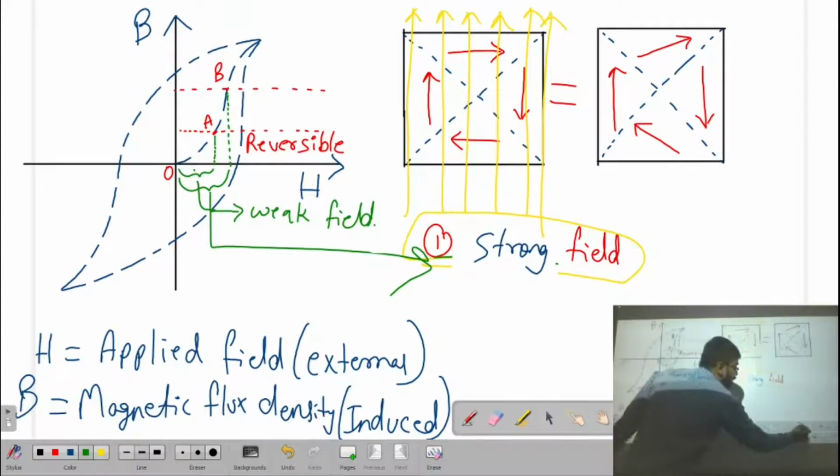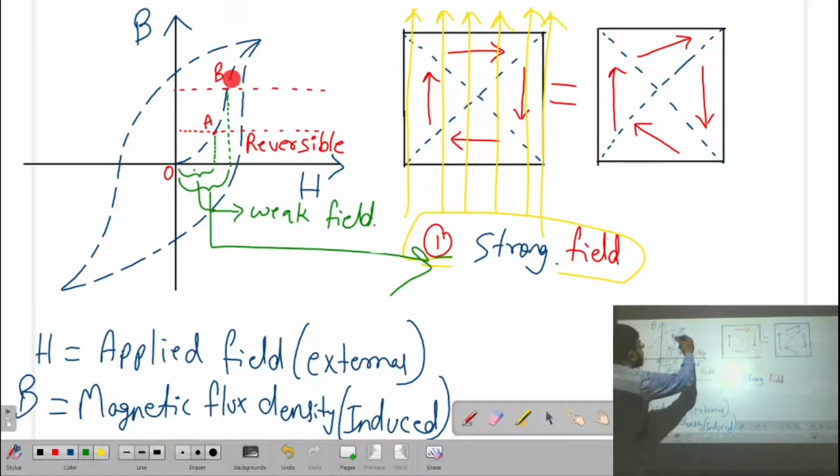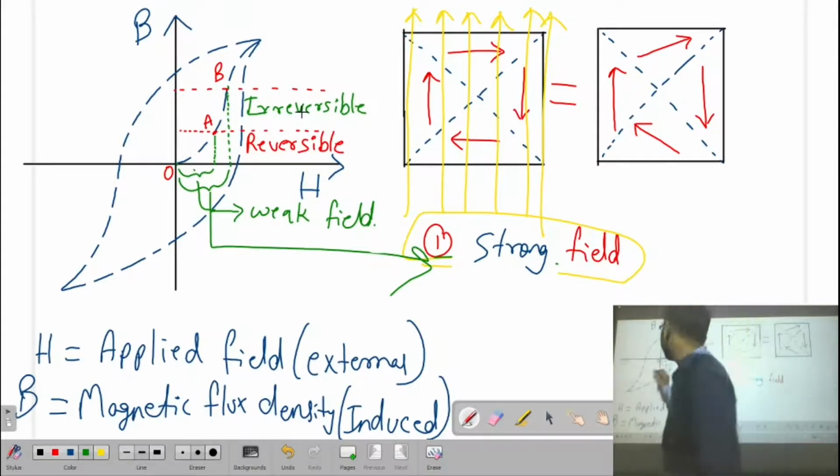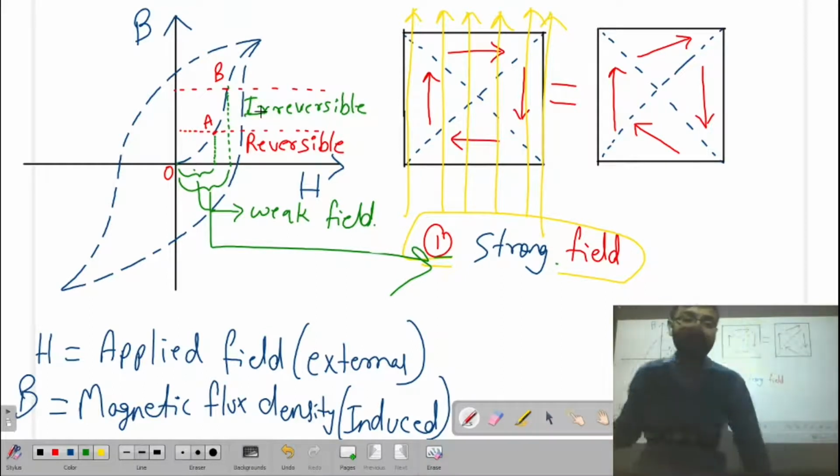Now if you further increase the value of H, there is saturation, magnetic rotation. Now this OB process is irreversible. Remember, this OB process is an irreversible process. What do you mean by irreversible process?